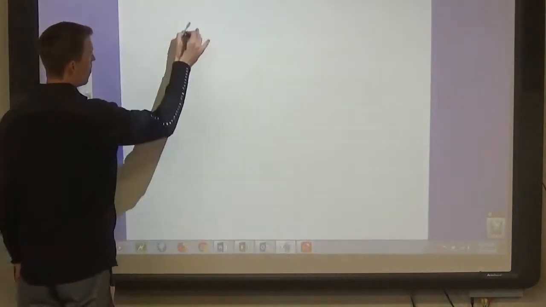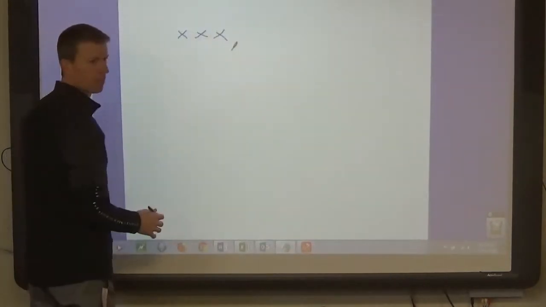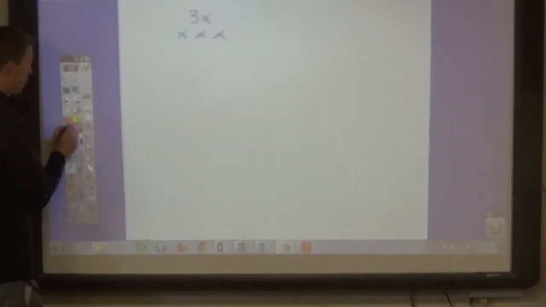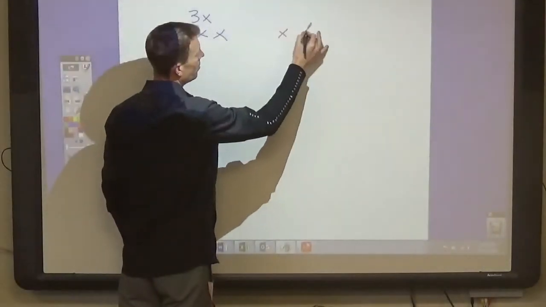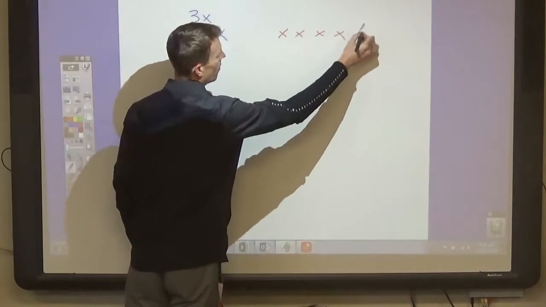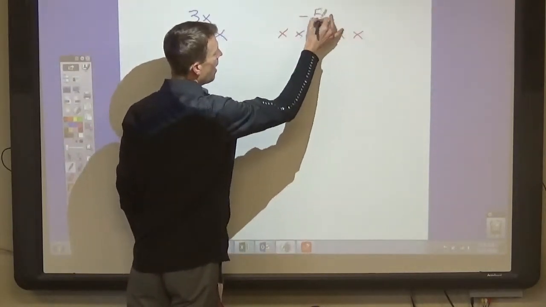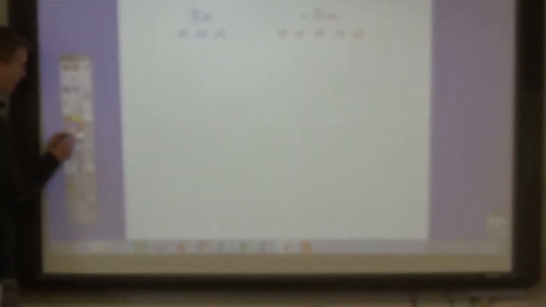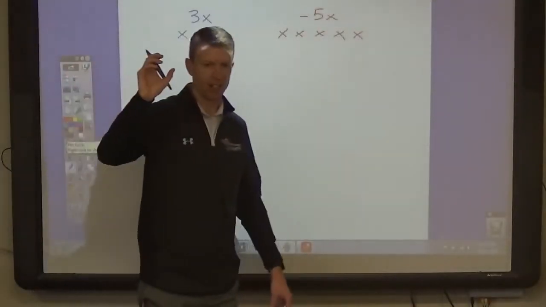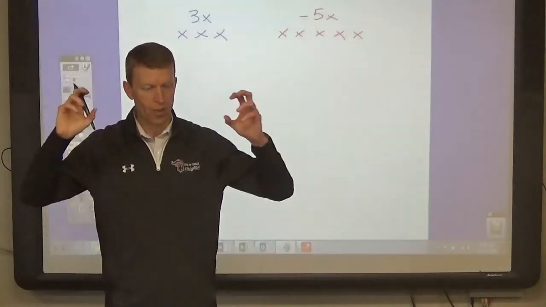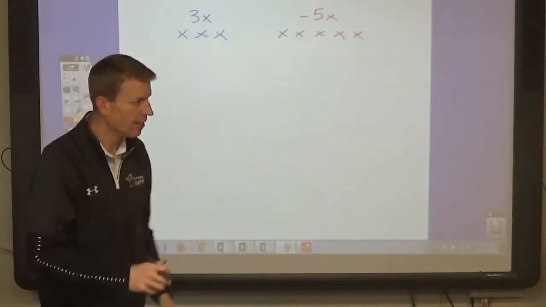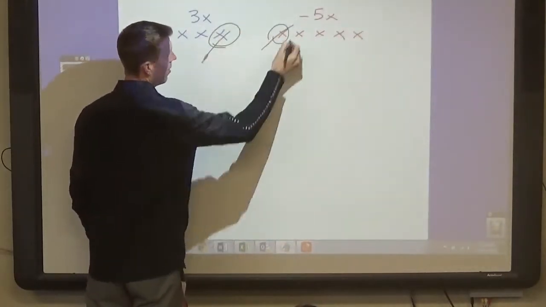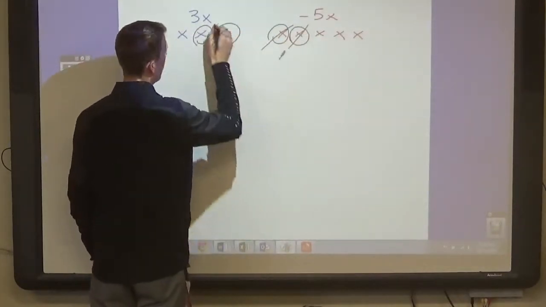Okay? It looks like this. Let's say the blue ones are positive, so this is positive 3x, and the red ones are negative. 1, 2, 3, 4, 5. So this is negative 5x. Okay? And just like in science, the negatives cancel out the positives, that happens in math too. So these cancel each other out. And these cancel each other out.